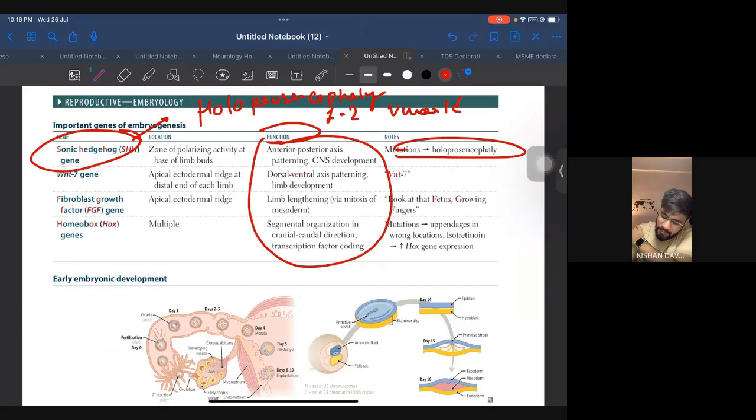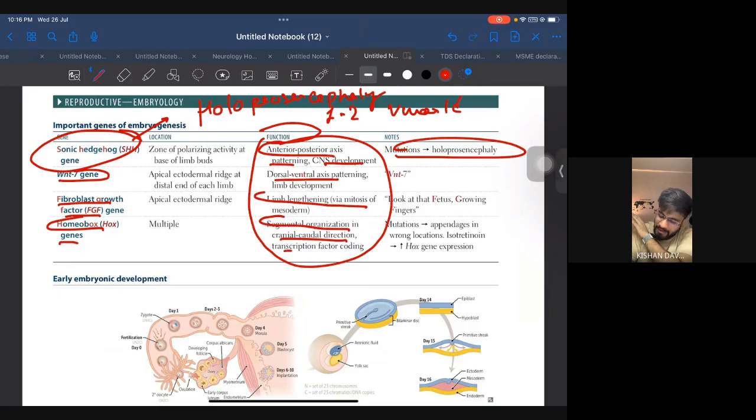Anterior posterior axis patterning and CNS development: SHH. Then comes WNT, dorsal ventral axis. Then comes fibroblast growth factor, limb lengthening.